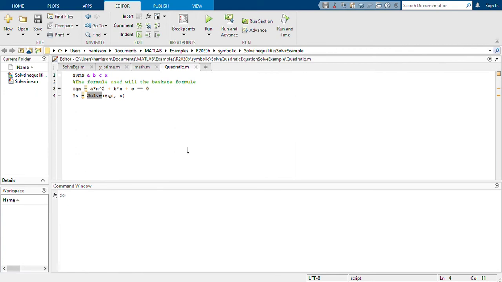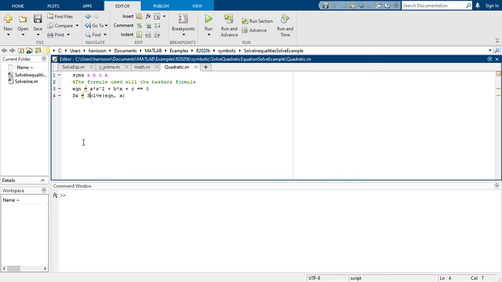These things happen, it's normal, don't worry. Let's check all the formulas that I'm using here. Solve is not capitalized. So let's try again. Now let's save first and then run.